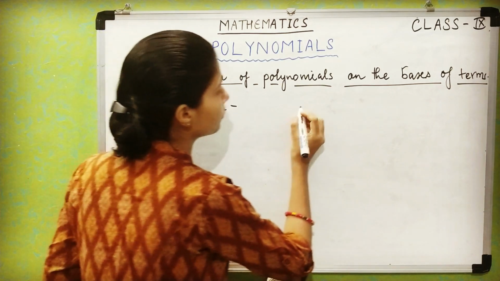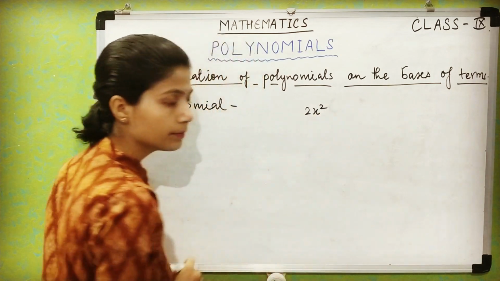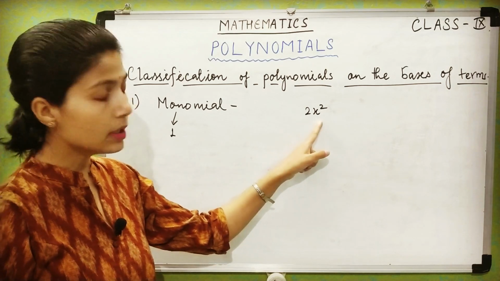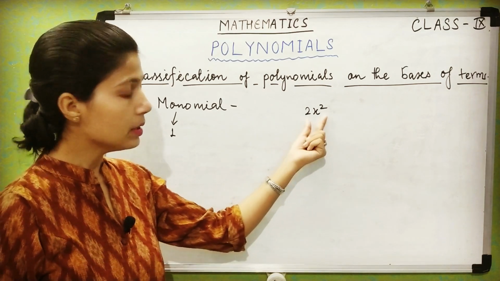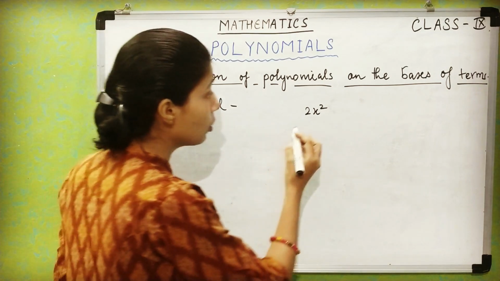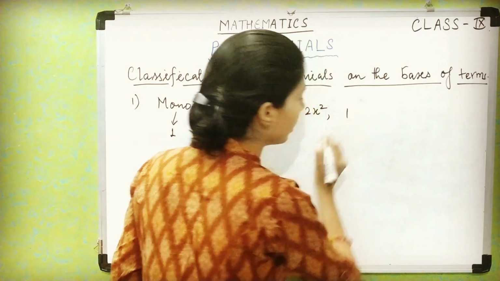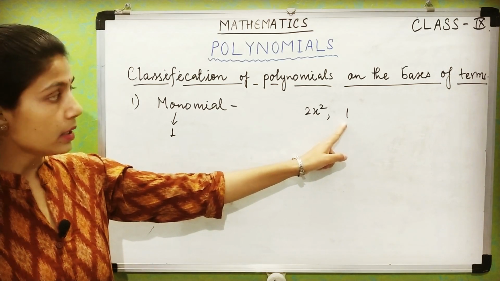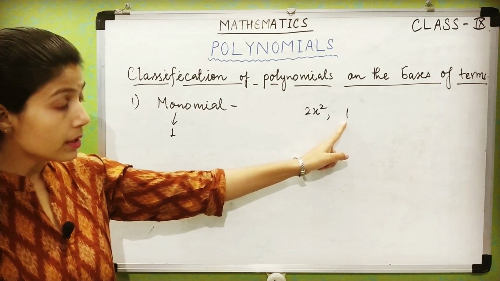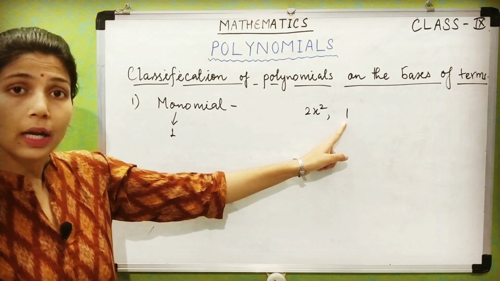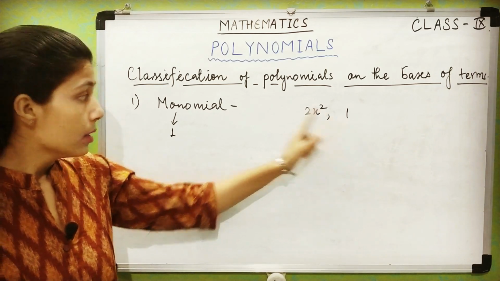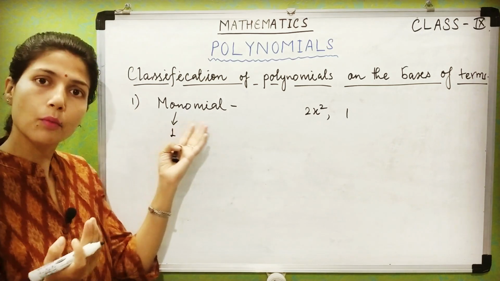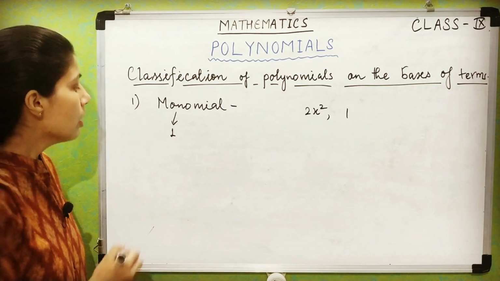Suppose 2x square, if this is a polynomial, it contains only one term, that is why it will be a monomial. Next I am taking 1. This also contains only one term, that is a constant, it is also a constant polynomial and it will be considered a monomial. It means all the constant polynomials are monomials.